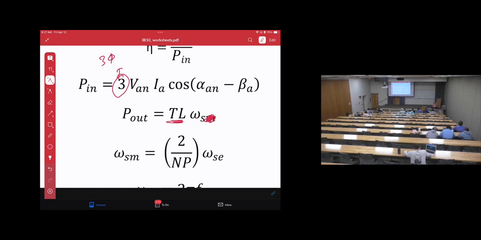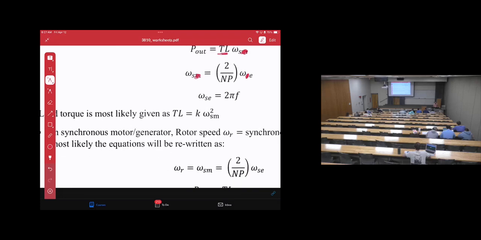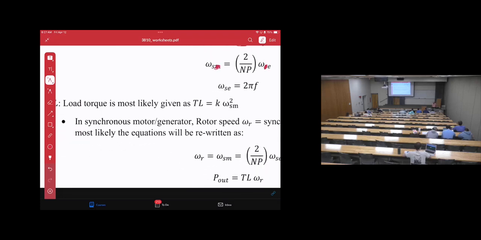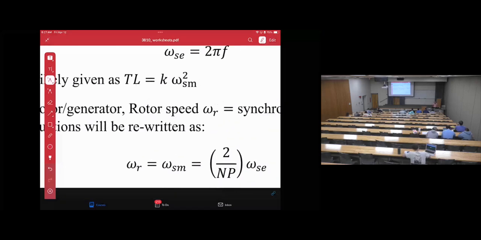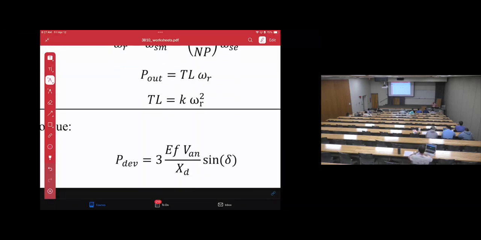Basically, it is 2 over the number of poles times omega electrical, okay? Then keep in mind the load torque is most likely given as a constant times omega squared. Omega S or omega R, sometimes they call it omega R. K times omega R squared, and P out equals T sub L times omega R.